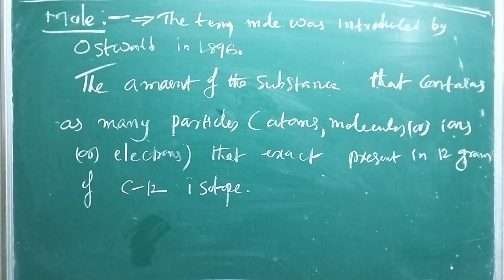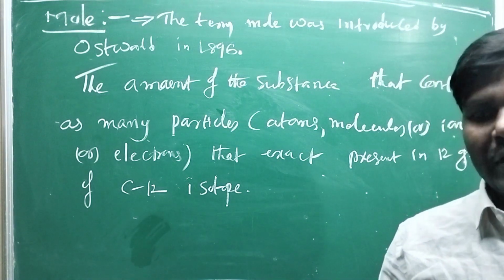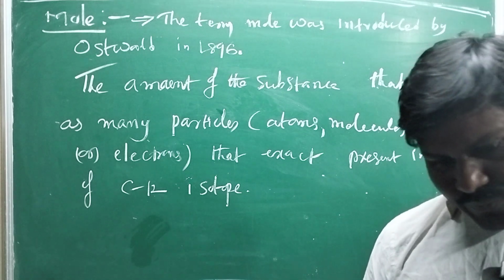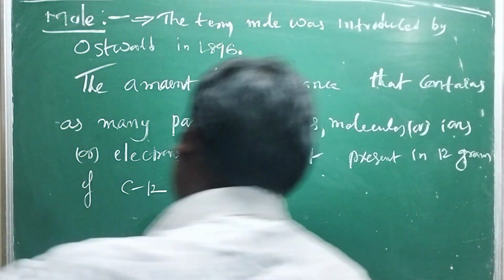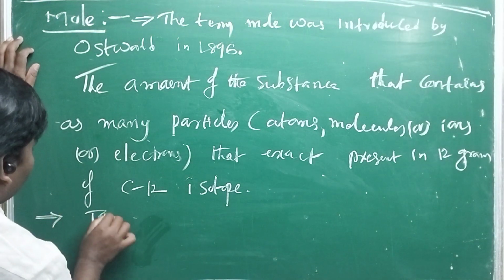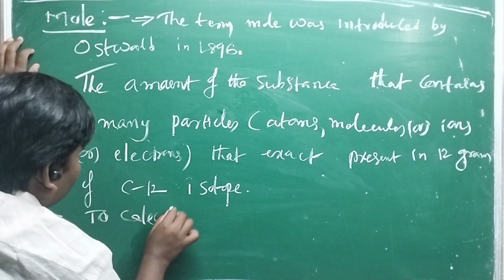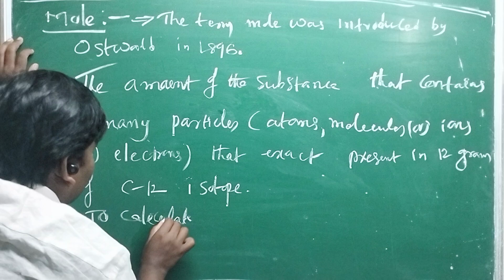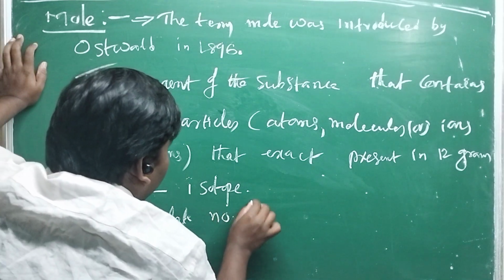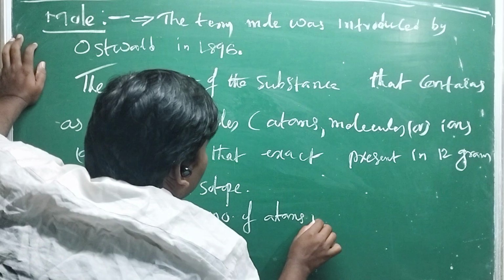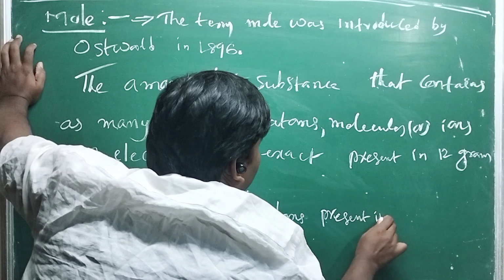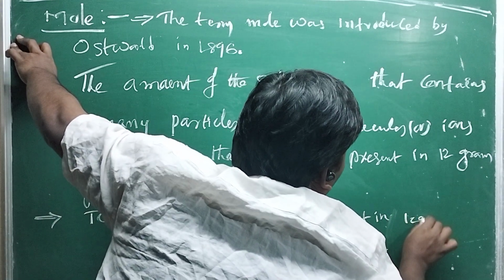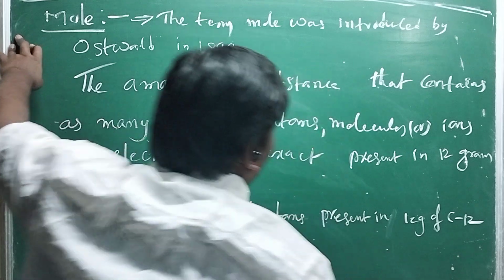For example, let us calculate the number of atoms present in 12 gram of C12 isotope.